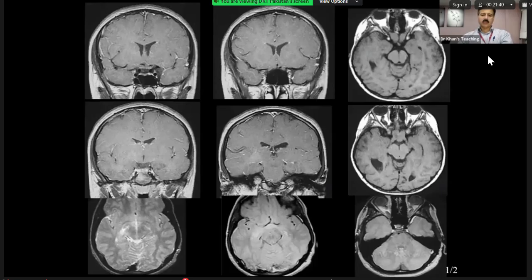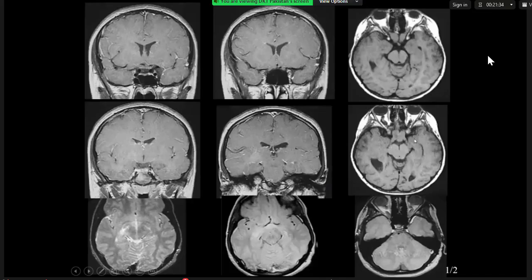I've got both coronal and axial, and there's bilateral thickening and kinking of the optic nerve, most prominent on the axial slices, which makes me suspect that there are bilateral optic nerve gliomas.